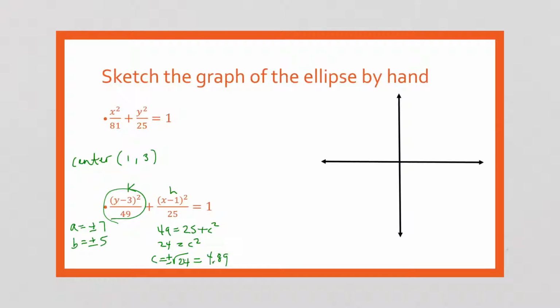So now I have all my parts, I can go ahead and start my graph. Okay, so let's go ahead and we'll first put our center, so over 1 up 3. This is our center. Now, my focus, I'm sorry, we want to go A. Remember, A is Y, so instead of going left and right 7, I need to go up and down 7.